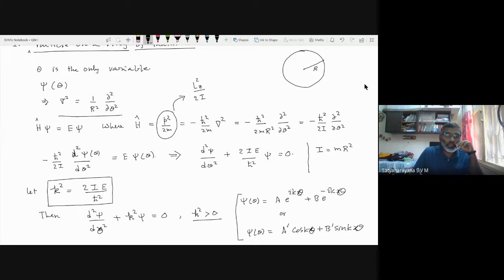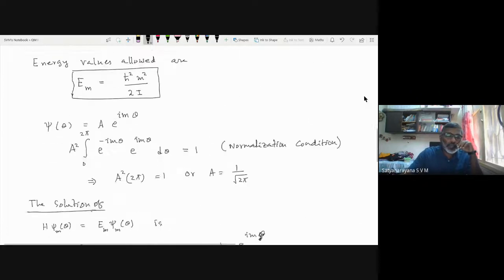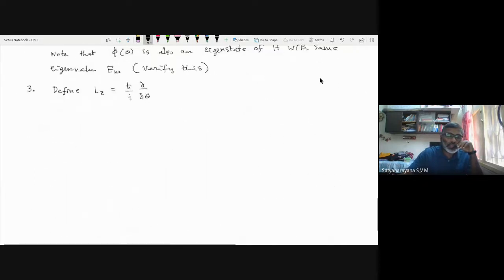Now if you remember, this Lz is written in this fashion. Lz square will be minus h bar square del square by del theta square. Then that equation will be similar to this. So it is the same: the Hamiltonian is written as Lz square by 2 times the moment of inertia.